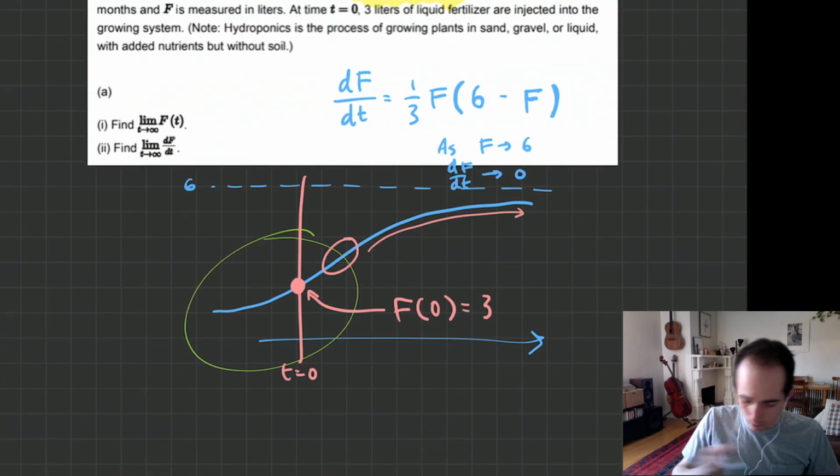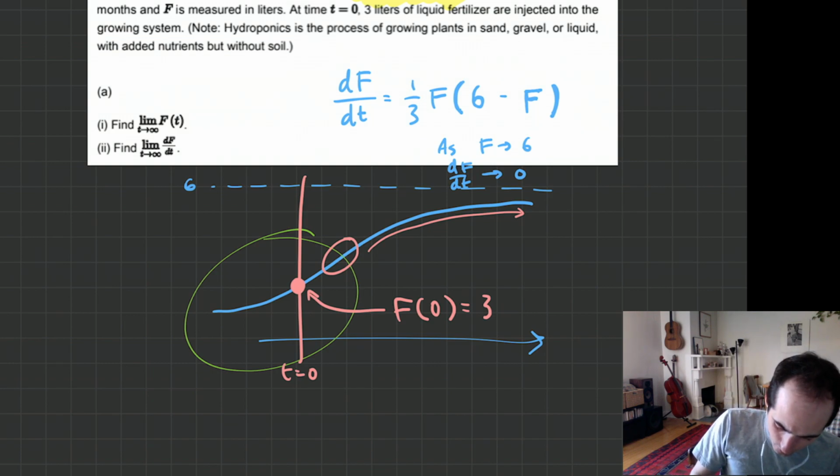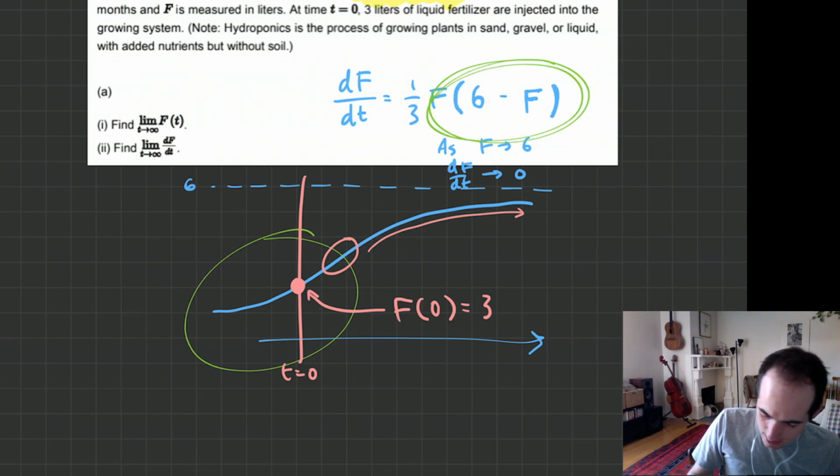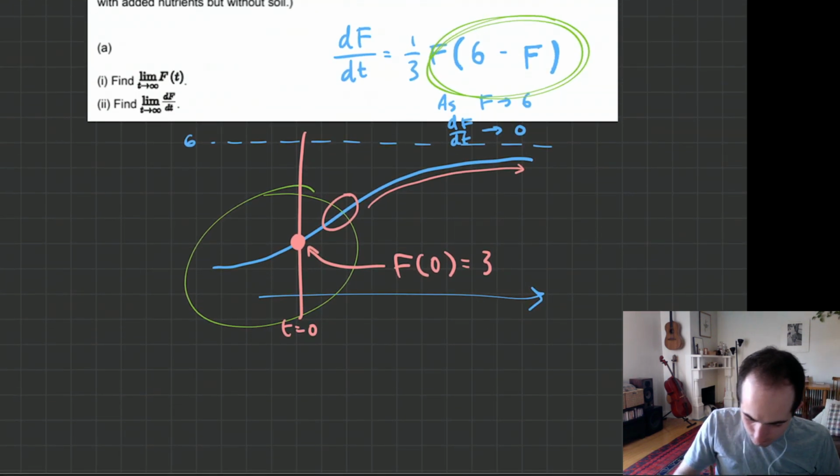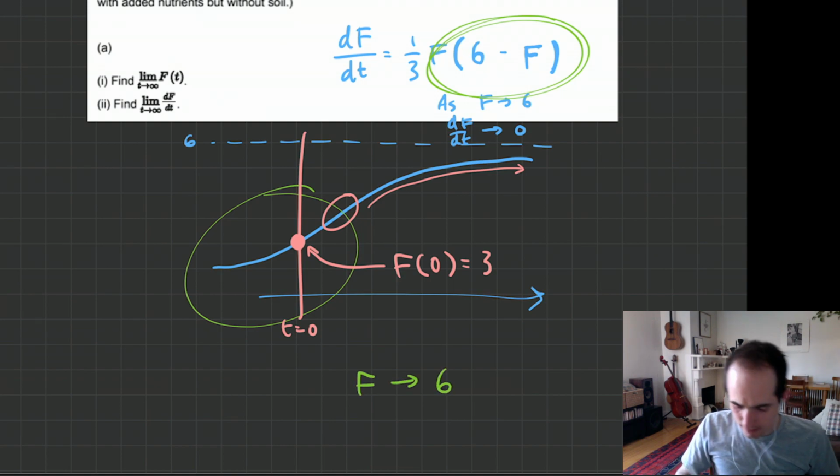But just by looking at the graph and interpreting the situation, we can see that the whole point of this part of the equation here is to say that f is approaching 6, right?